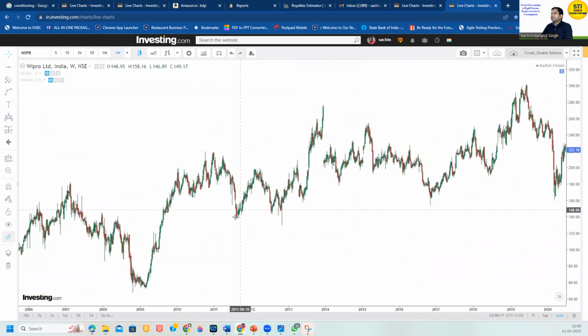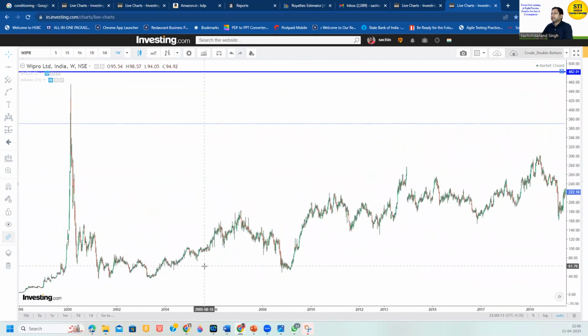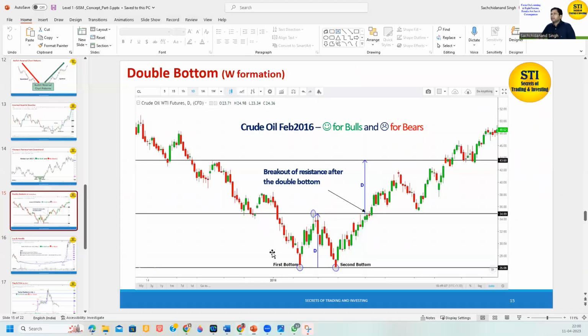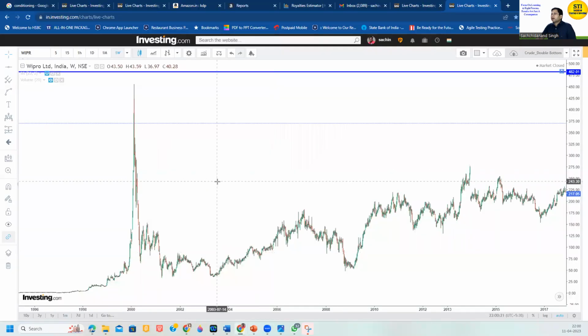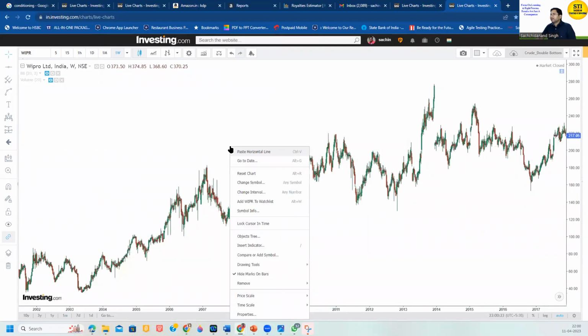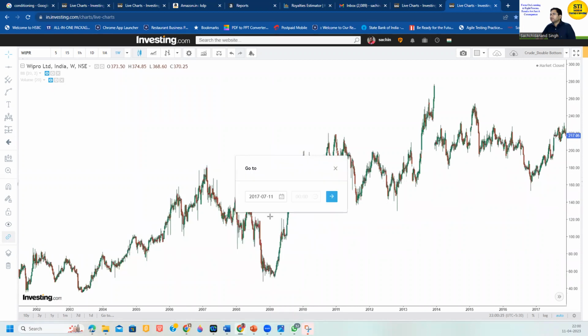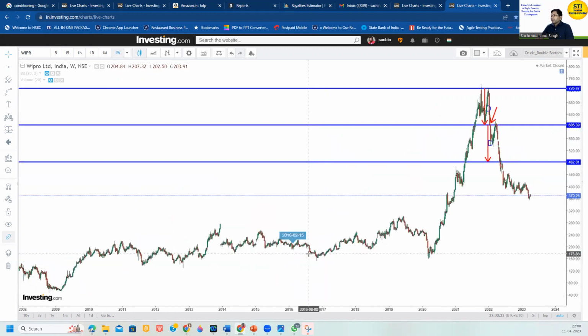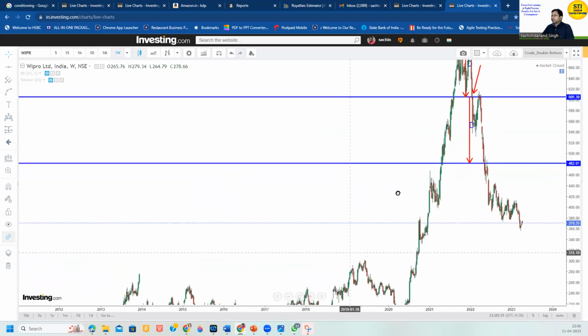Let me find that crude example. This is the time frame of Feb 2016. To go to 2016, I will right click, go to, make it 16, and Feb, make it 2.